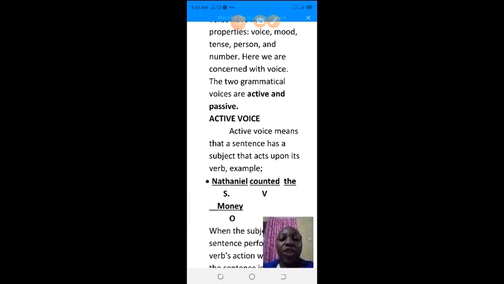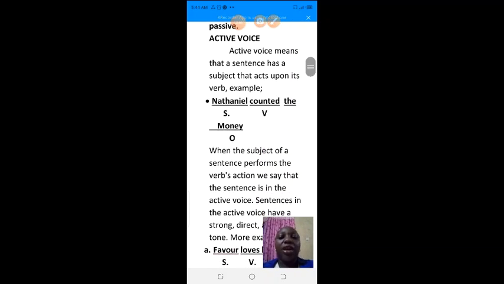Remember that a subject is that part of the sentence that carries out the action. So when the verb in that sentence is in the active voice, it means that the subject acts upon its verb. That means the subject carries out the action.